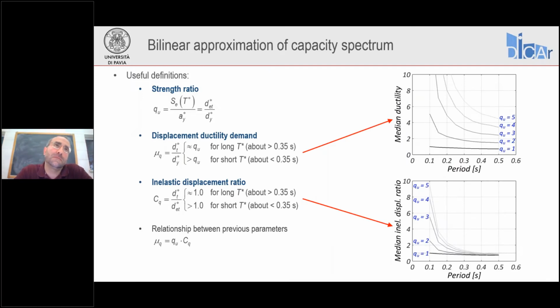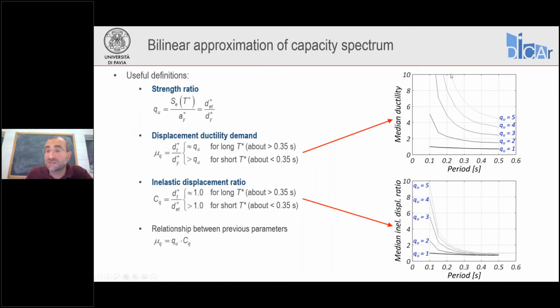Now, if we perform nonlinear dynamic analysis on inelastic oscillators, we can find interesting results. We can see that our displacement ductility demand, mu sub Q, is more or less equal to the strength ratio, or equivalently, the inelastic displacement ratio C sub Q is about equal to 1.0 for long period systems, when T star usually exceeds 0.35 seconds or so.